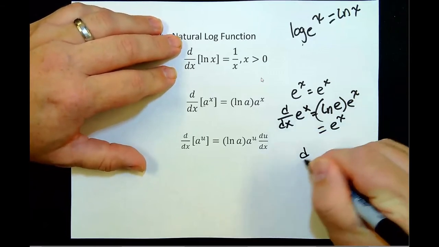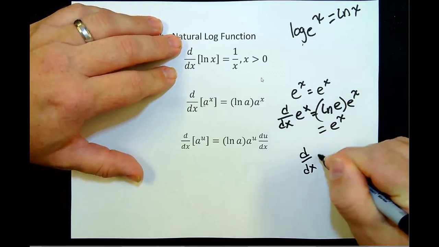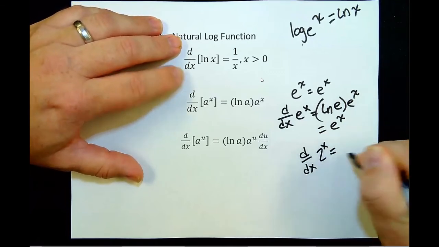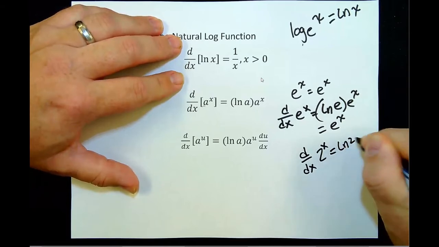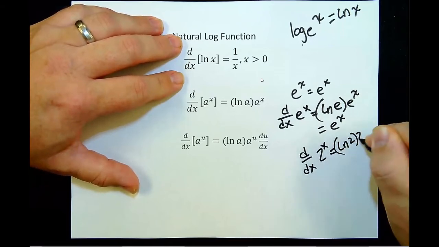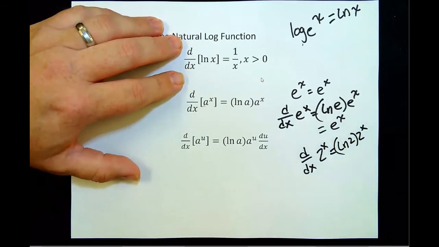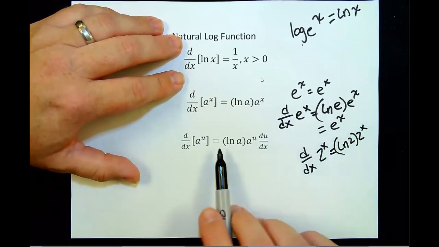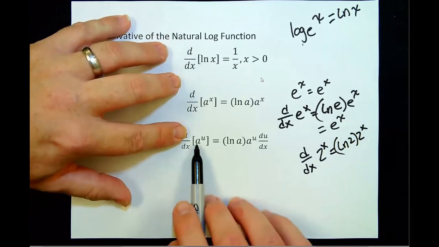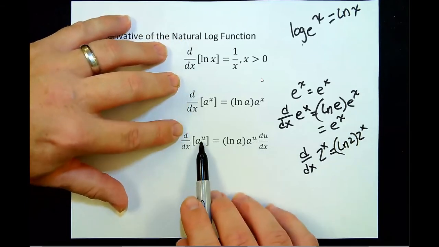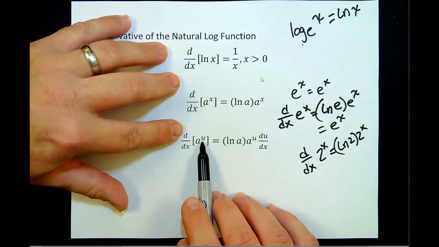But the derivative of, say, 2 to the x would be ln 2 times 2 to the x. All right, and that's explained a little bit further here. This one is saying, what if we replaced x with another function?